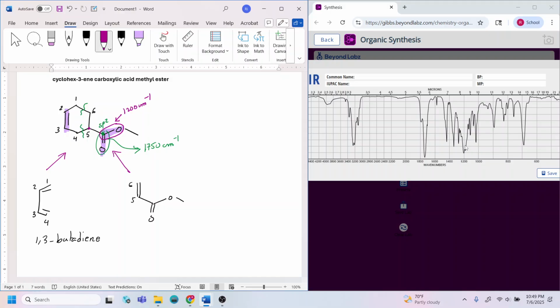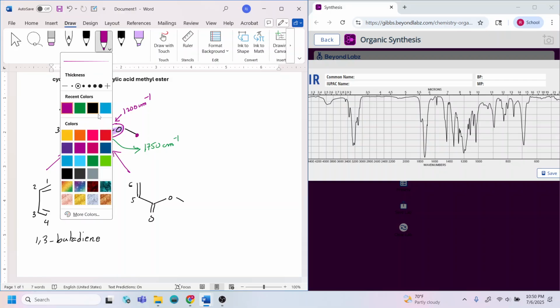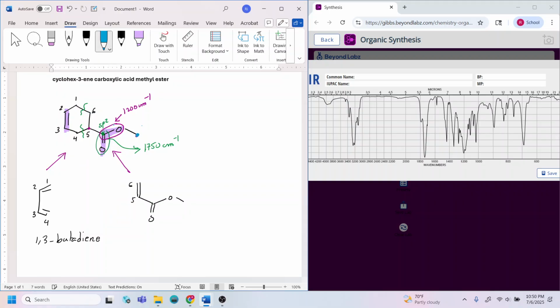Okay, there's another one because over here I do have an sp3 C-O stretch. So this is going to be different now. So let's use another color. So here it's going to be an sp3 C-O stretch in there. So the sp3 C-O stretch, it's going to show at 1025 cm⁻¹. And this is again the C-O of the ester, but it is the sp3 C-O stretch.